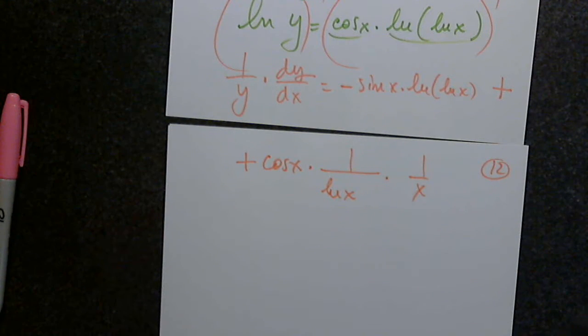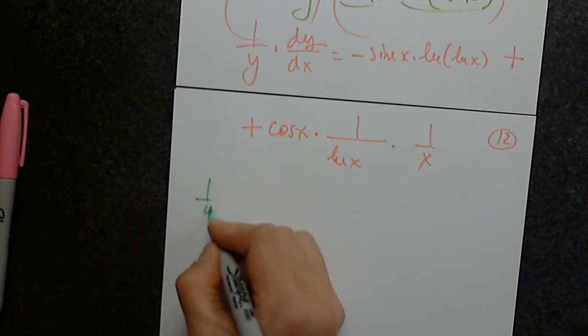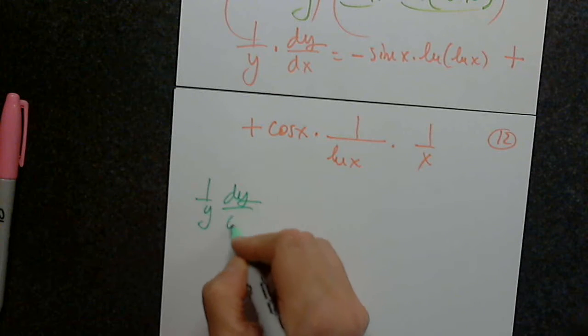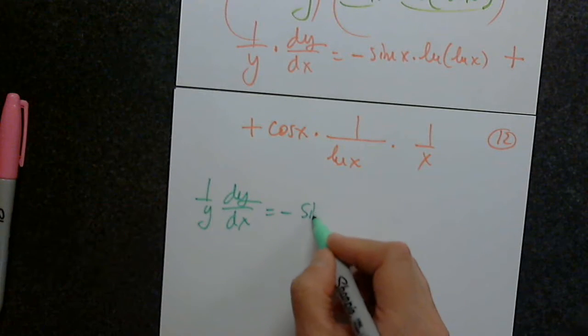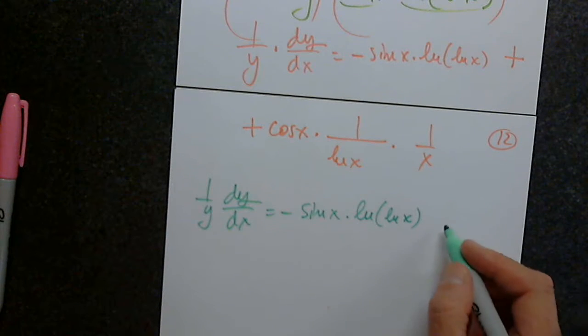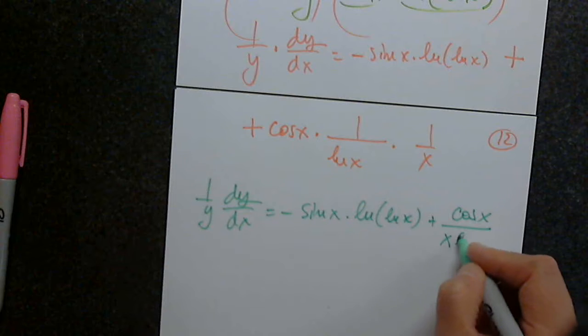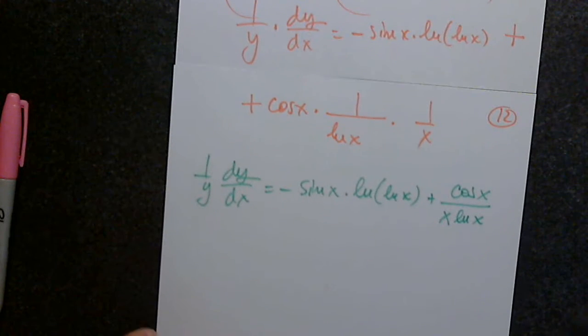Let's try and condense it a little bit. I will write it one more time as 1 over y dy over dx equals negative sine x times natural log of natural log x, and then plus cosine x over x natural log x.